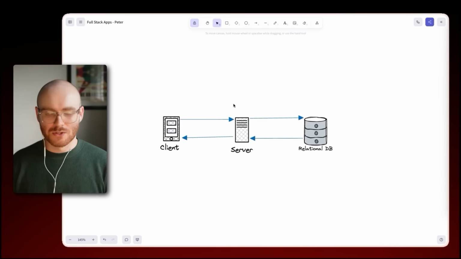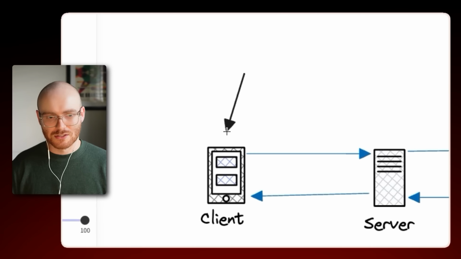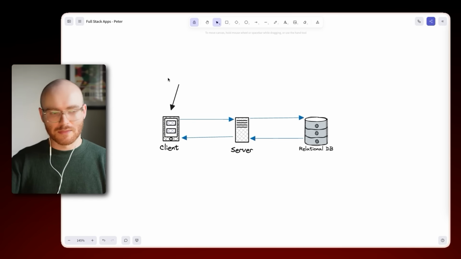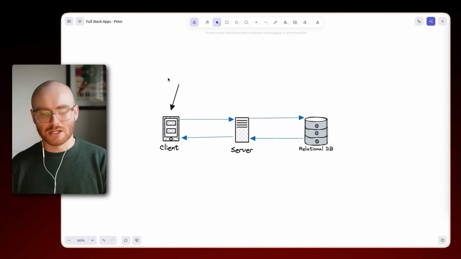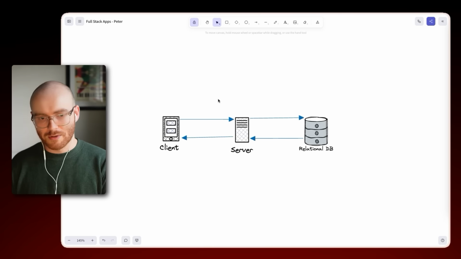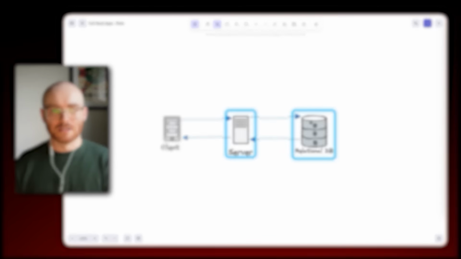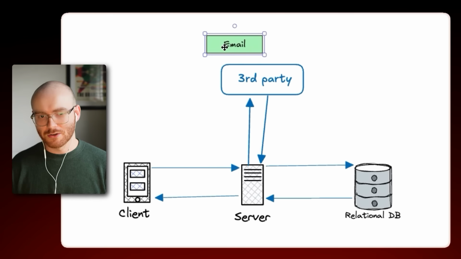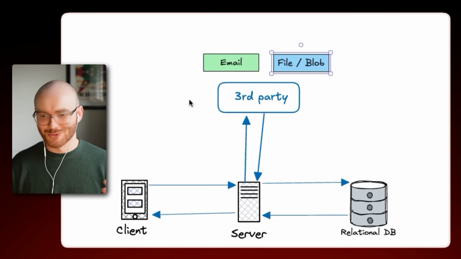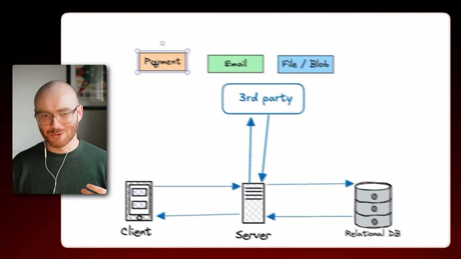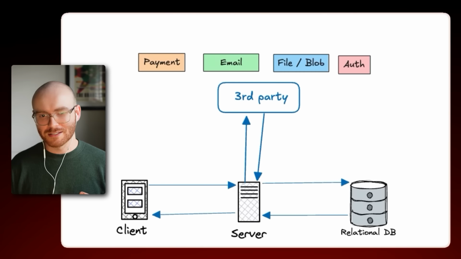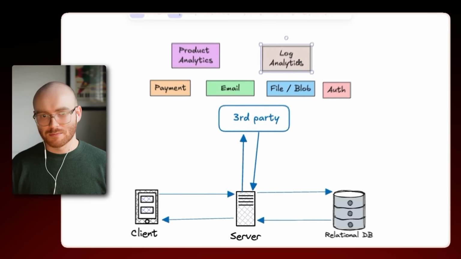Typically, when we're talking about prototyping, especially with AI tools, we're usually talking about building things that are just on the client. The main difference between that and a full stack application is usually the combination of adding in a server and a database. You're going to have things like your email integration, file or blob storage as well, right? Payment is pretty typical with Stripe. You have to have auth of some kind and product analytics of some kind, and then some type of log analytics.